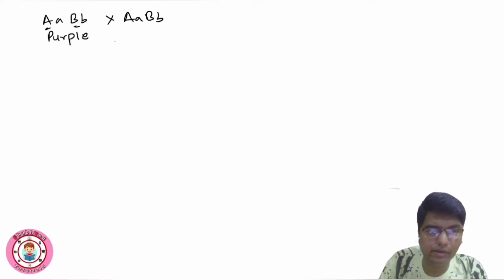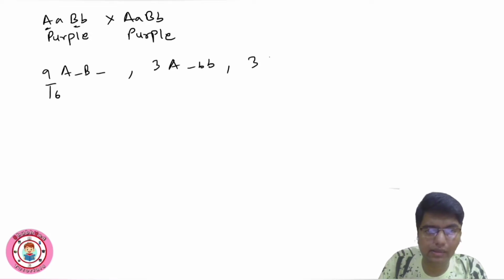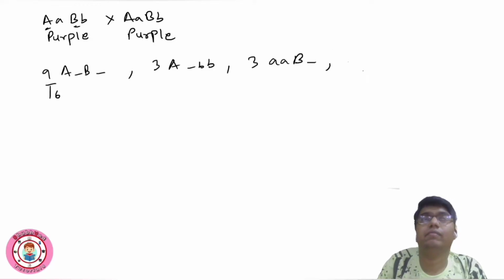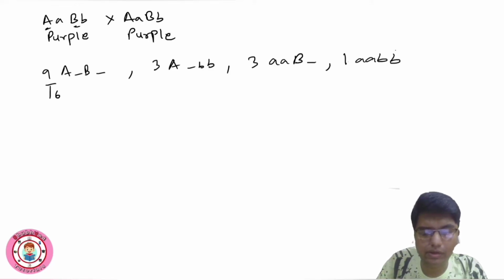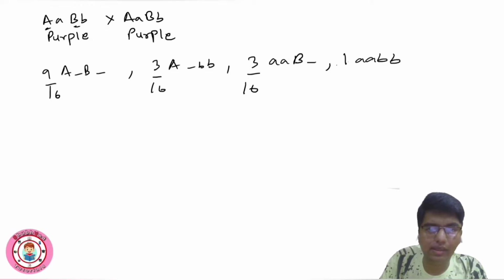Then we get 9 upon 16 A dash B dash, then 3 A dash bb, then again 3 aa B dash, and 1 is aabb. So this is 9 upon 16, 3 upon 16, 3 upon 16, and 1 upon 16.